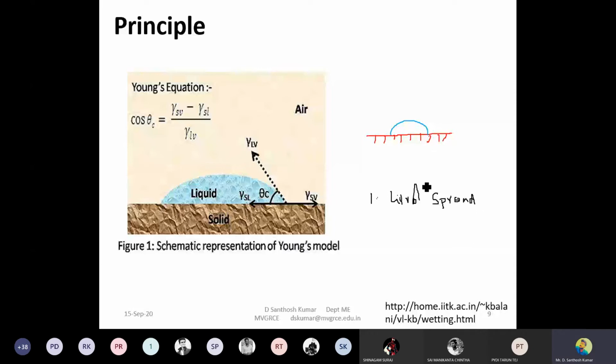That is case one. What is the other case? Once there is a water droplet on the surface, the first thing is that the liquid may spread over, and the other is that the liquid will not spread. Those are the only two cases: either it will spread or it won't spread.